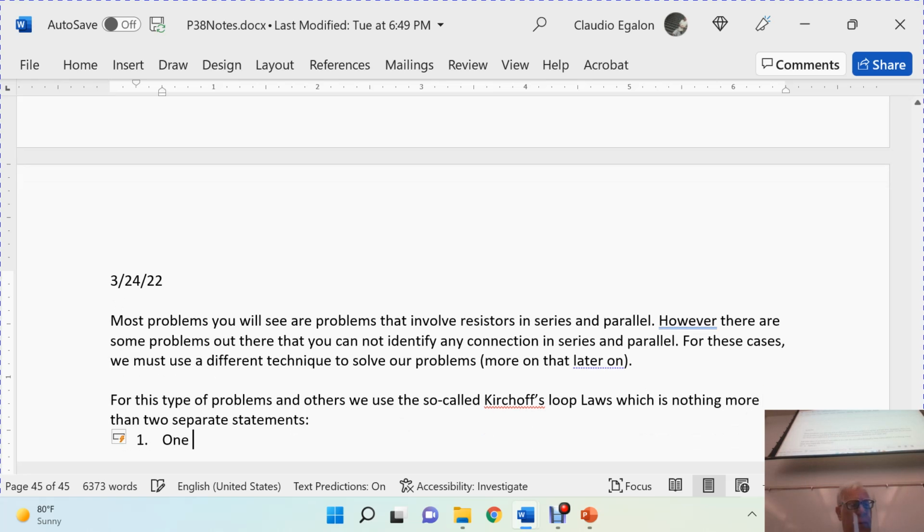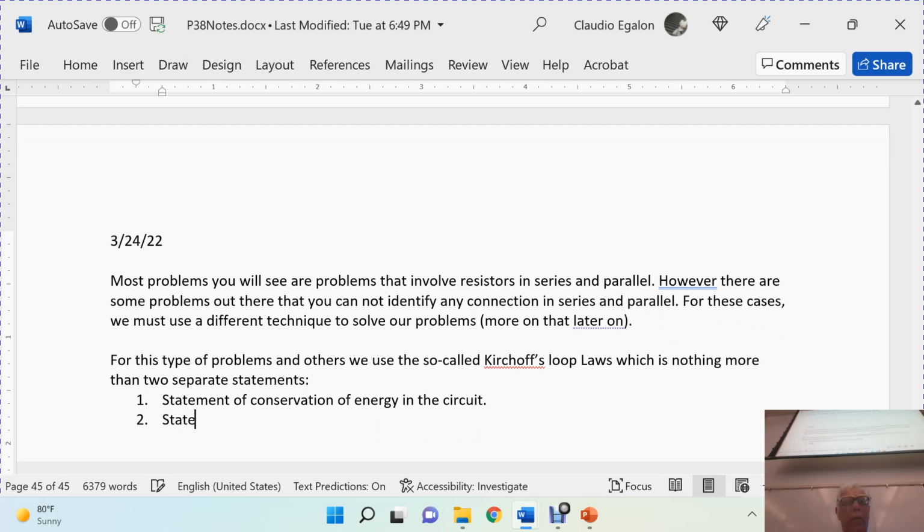The first one is a statement of conservation of energy in the circuit, and the other one a statement of conservation of electric charge in the circuit.